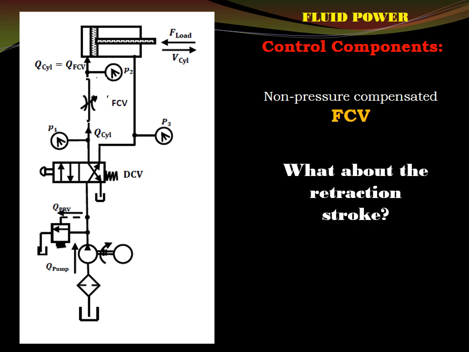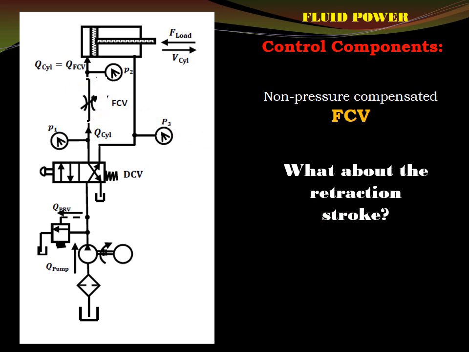From any direction, flow can be controlled, may it be from this side to this side, or from this side to this side. That means, though the FCV is fitted here in the blank side, even in the retraction stroke, it will work.